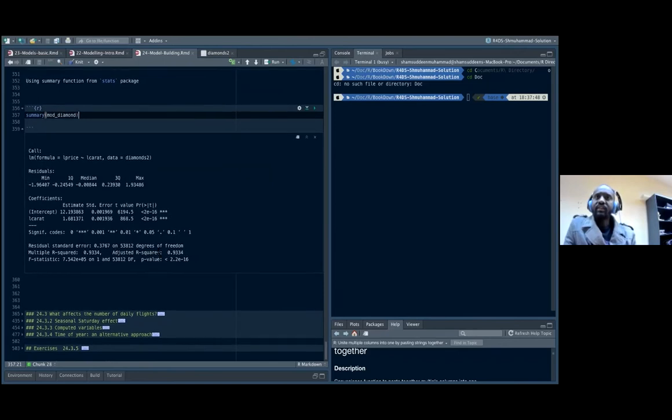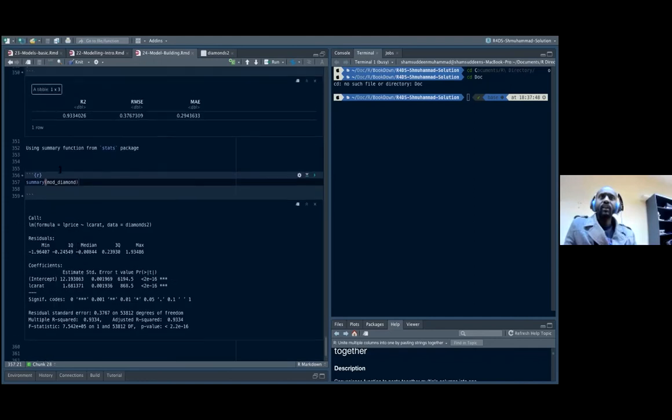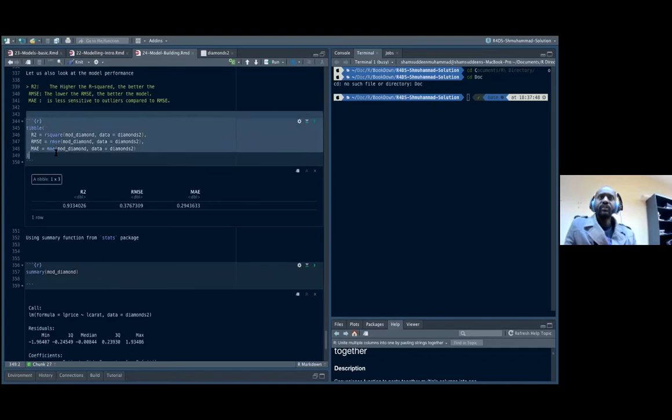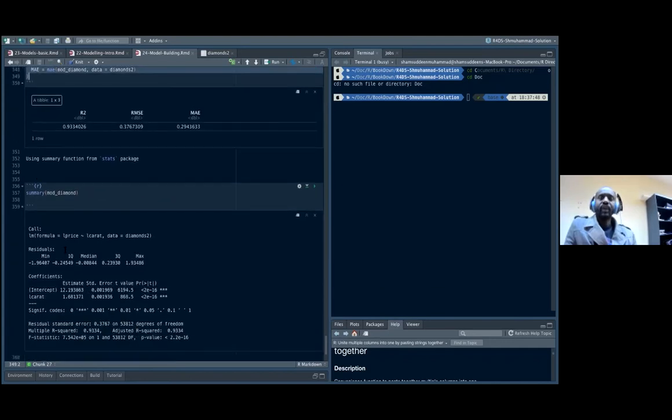It is R squared, but I've forgotten what it's adjusted for specifically. What I'm saying is that you can calculate these model performance parameters with these functions from model R, or see them directly from the summary function, which is a base R function. You can see the residual standard error, which is something like this.